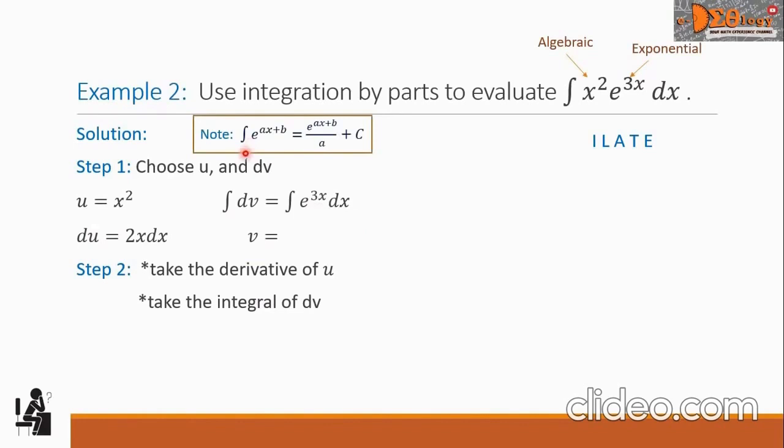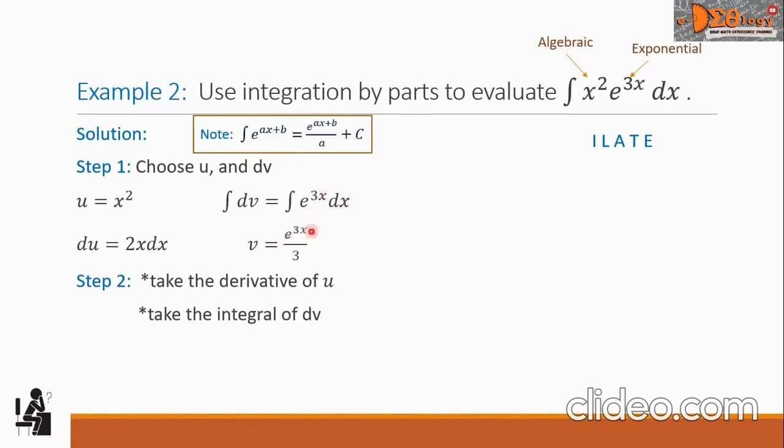We have this integral of e raised to ax plus b. This is equal to e raised to ax plus b all over a, then plus c. Now for the integral of e raised to 3x, we have e raised to 3x over 3. In the integration here, we don't write the plus c.